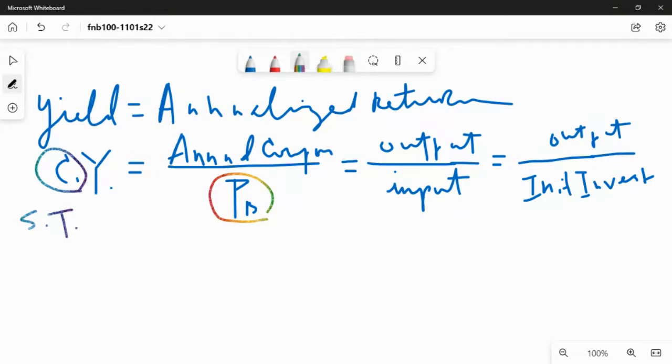The maximum proceeds, the maximum cash flow from holding this bond for 1 year is the annual coupon, or 2 semi-annual coupons, right? That's the maximum you can get. So current yield is, in that sense, the short-term yield, right?